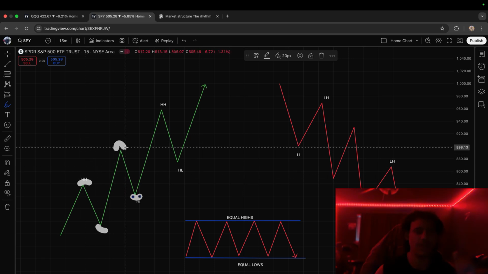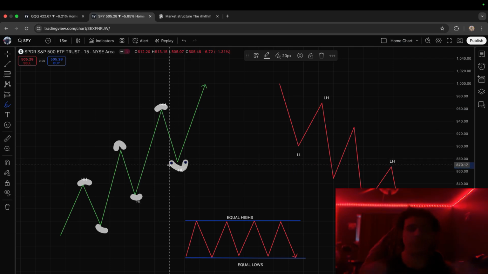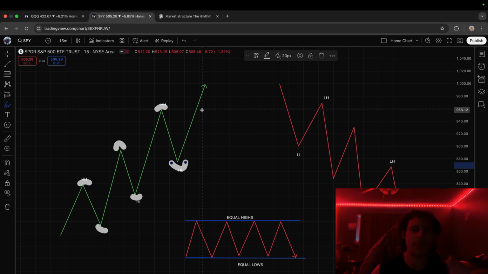So we have a higher high, a higher low, a higher high, and a higher low. And the market will continue the uptrend as long as we keep making higher highs and don't break our higher low. Okay, so in a downtrend, what do we have?